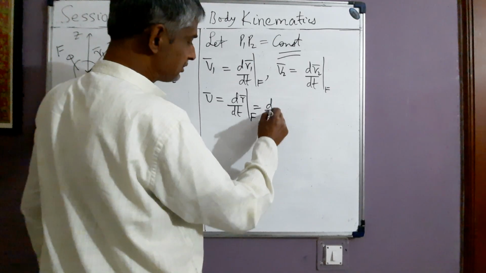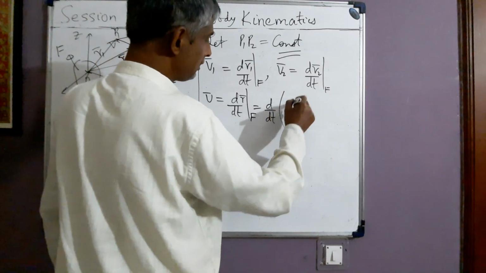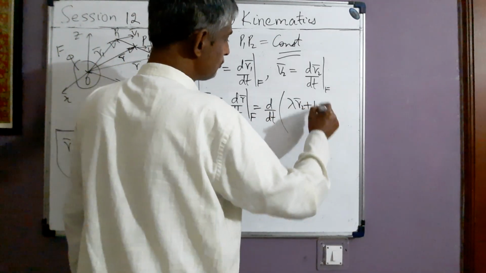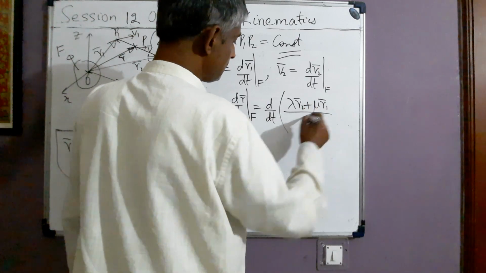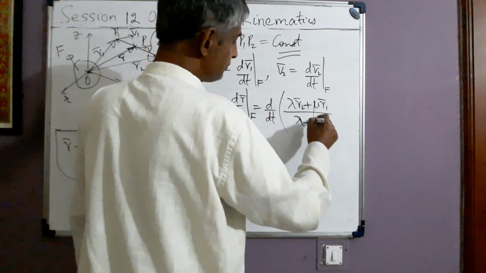So this becomes d by dt of lambda r2 plus mu r1 by lambda plus mu.